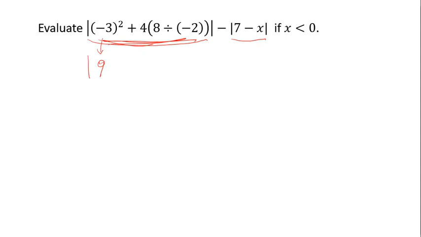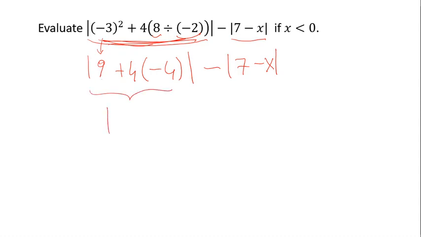This is 9, and this is 4 times 8 divided by negative 2, which makes negative 4. And okay, for now, let's keep it this way. And this one is 9 minus 16, which is negative 7. And what's the absolute value of negative 7? It's 7. Okay, so we solved this issue.